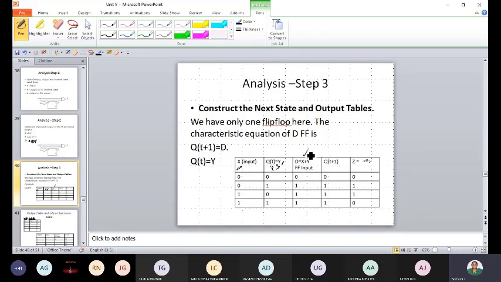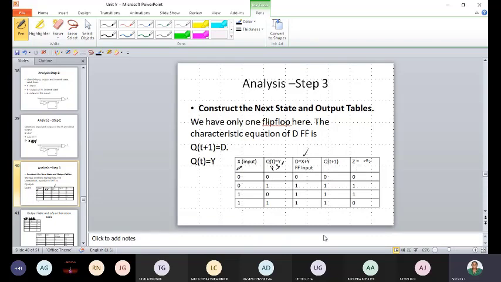The next state for the flip-flop is Q of T plus 1, the next state meaning after the current clock transition. We are discussing a synchronous sequential circuit. You have a clock, and for each clock transition, if there is a change in the input, there will be a change in the output during consecutive clock transitions.